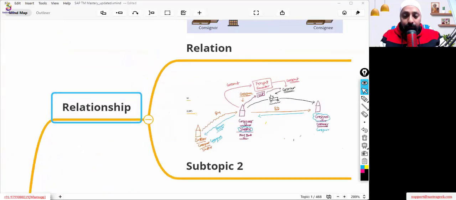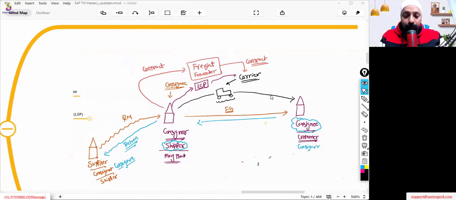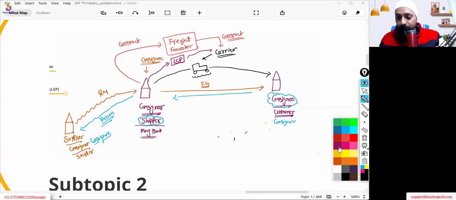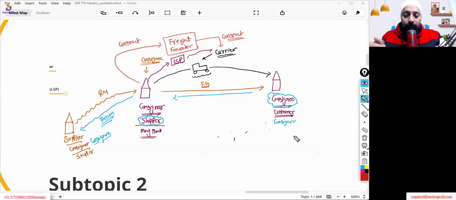So what is going to happen? Let's say I would be using this diagram to explain. Let's say this is the place where you are shipping from.